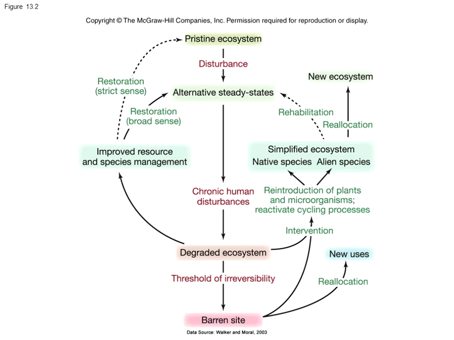Restoration can range from relatively easy to very ambitious, but any restoration project takes resources, and with limits on resources, you have to make sure you're going about it the right way.